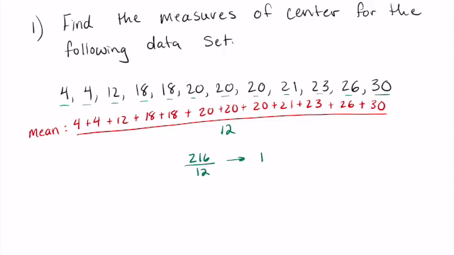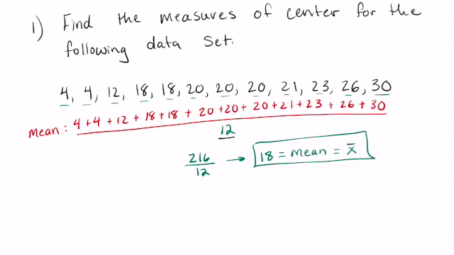And that gives me 18, and that is my mean. And sometimes you may see your mean written as X bar. That means mean, that means average. So that's how we find our mean. We add up all of our numbers and then we divide by however many numbers we have.